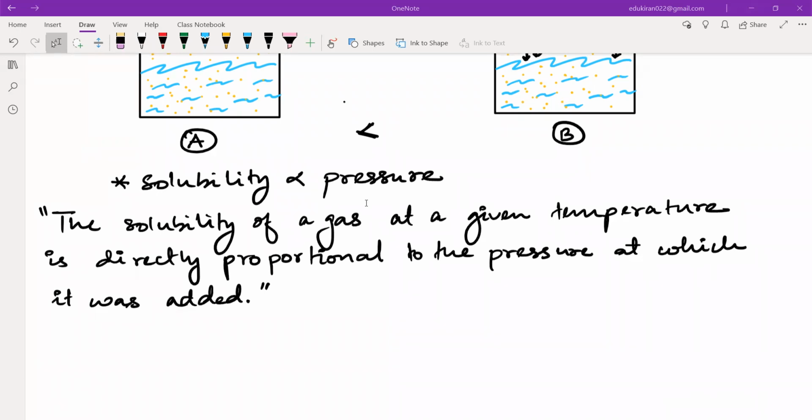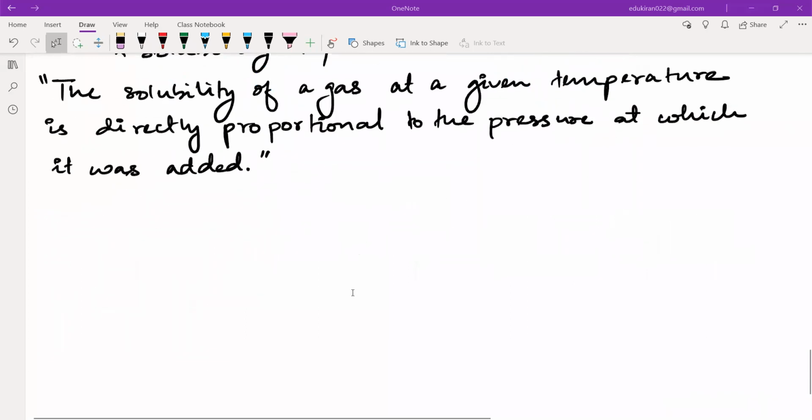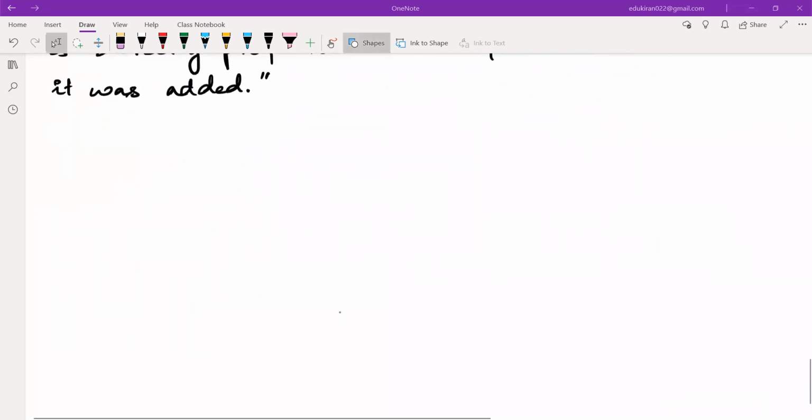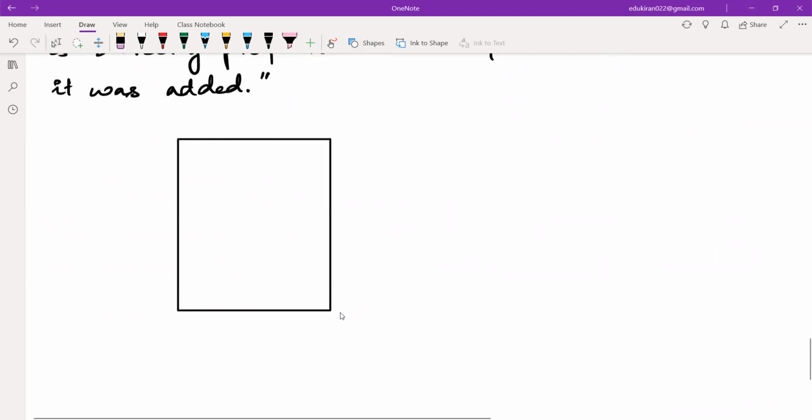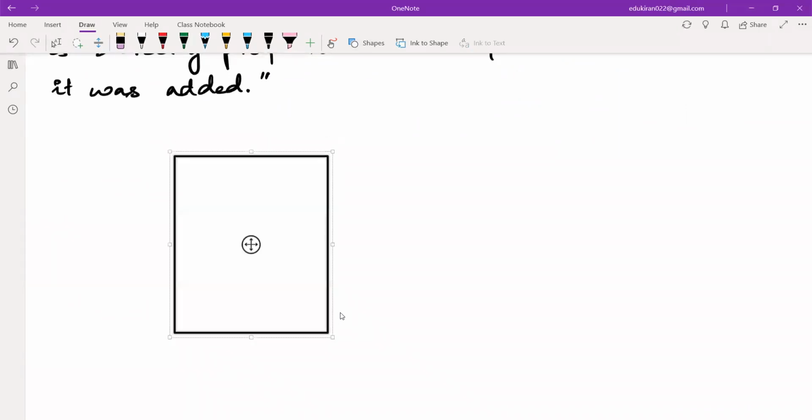Okay, done. So now the next diagram is important. उसको बनाइएगा आप लोग सब कुछ, ठीक है? So here we have a container. In this container we have some liquid. Let us say that it is water.